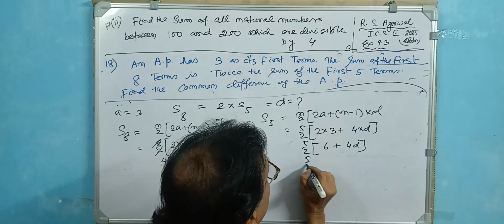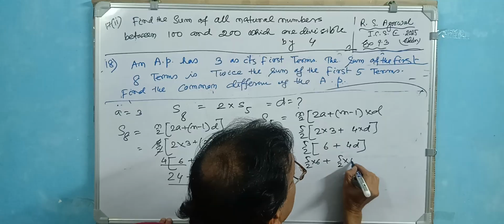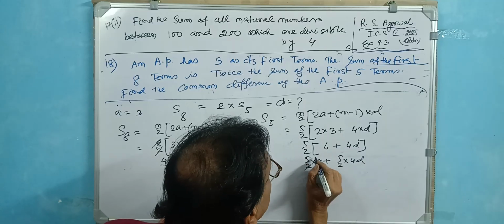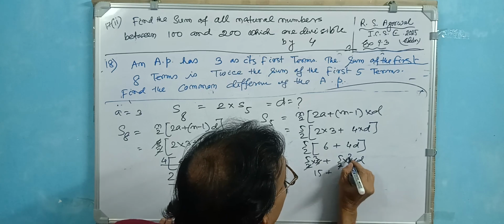So this is 5 by 2 into 6 plus 5 by 2 into 4D. So this is 15 plus 10D.